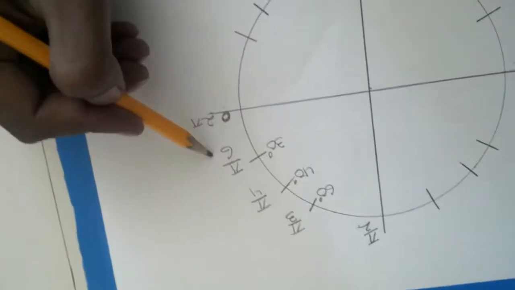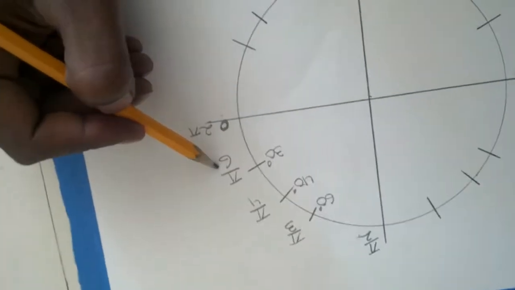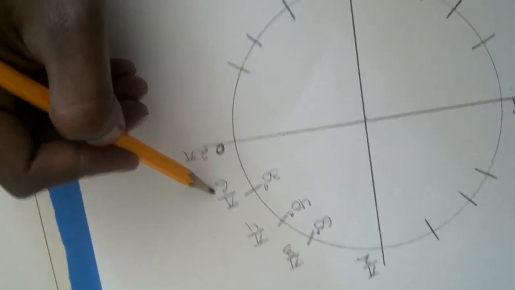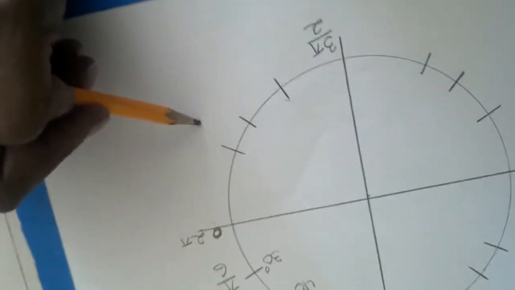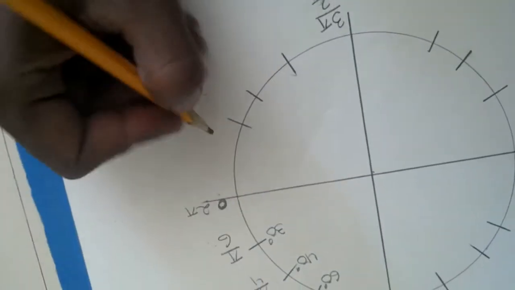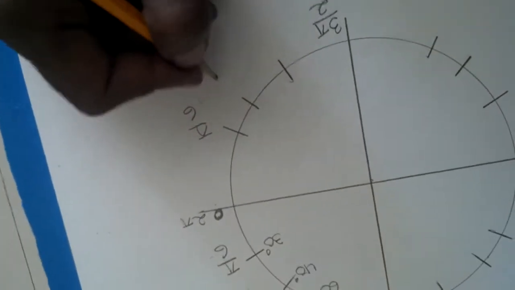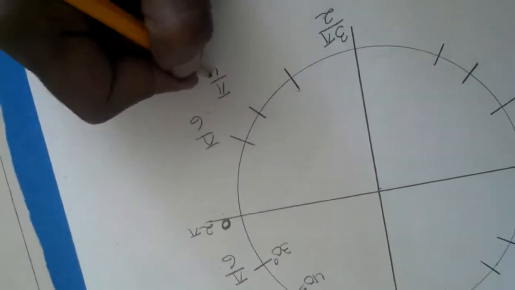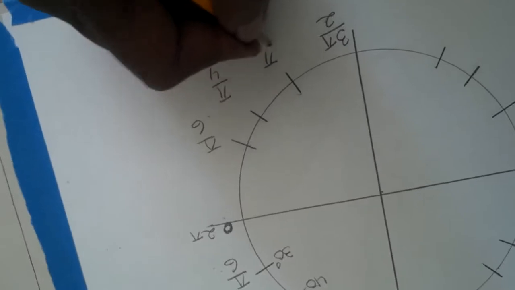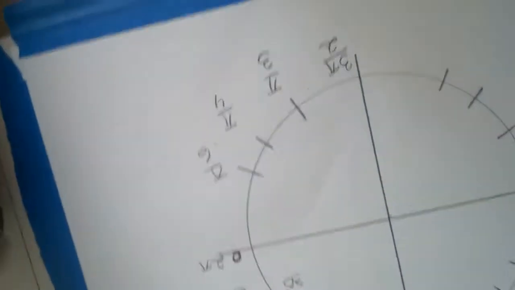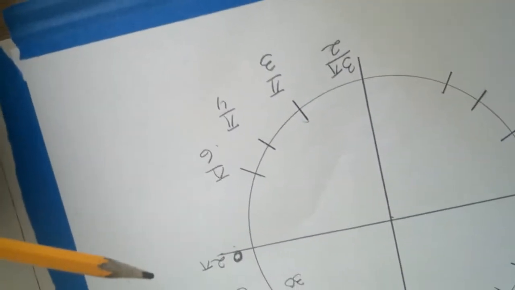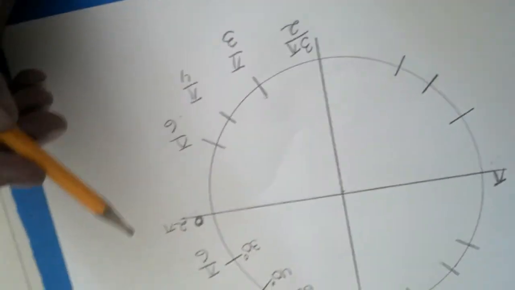And since I left off at pi divided by 6, in my fourth quadrant I'm going to start with pi divided by 6, and pi divided by 4, pi divided by 3. Basically going 3, 4, 6, 6, 4, 3.